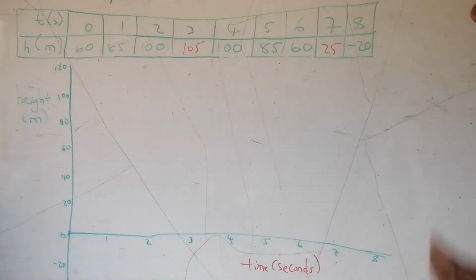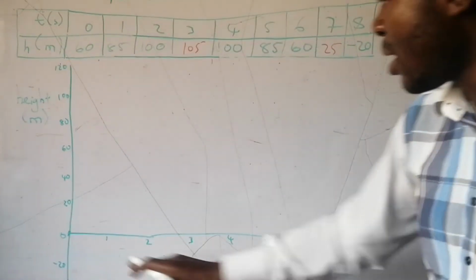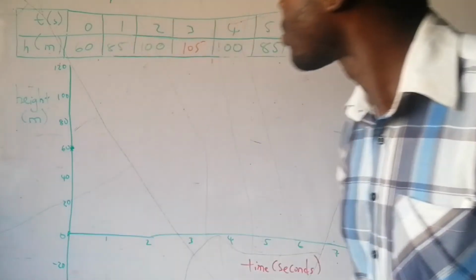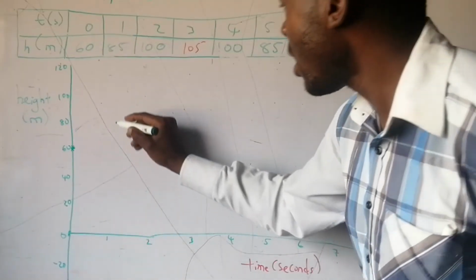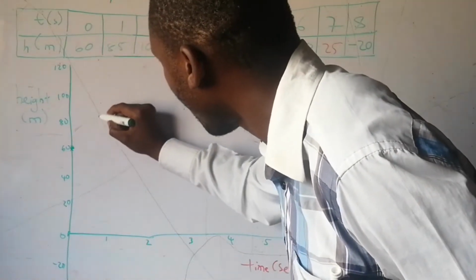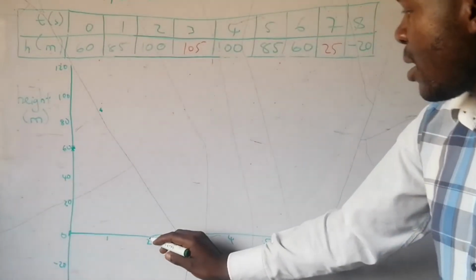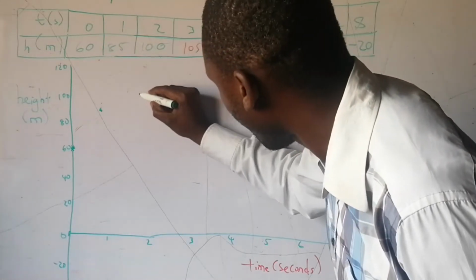So we say when t is equal to 0, h is equal to 60. T is equal to 0, h is equal to 60 at this point. T is equal to 1, h is equal to 85, somewhere here. T is equal to 2, h is equal to 100, here.